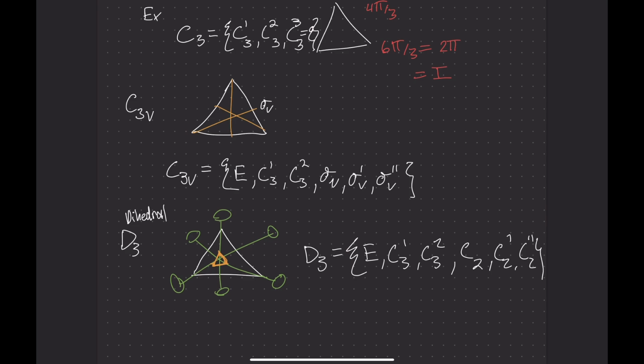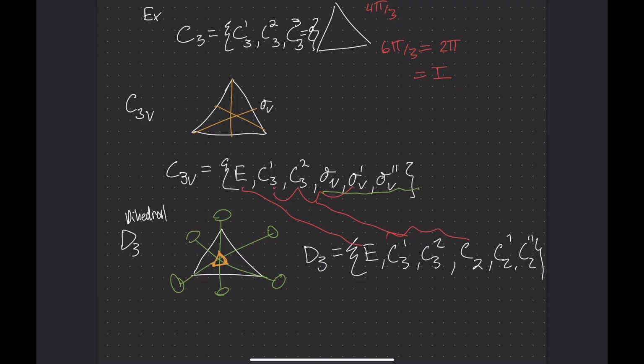You can notice that these are isomorphic. There's a 1-to-1 correspondence between the elements in C3V and D3. So obviously the identities correspond and the threefolds correspond, but the sigmas, so the mirrors, match the twofold rotations.